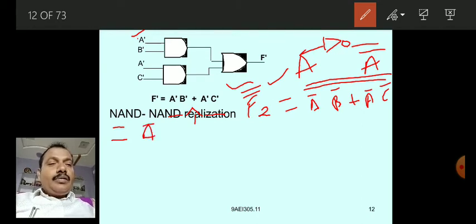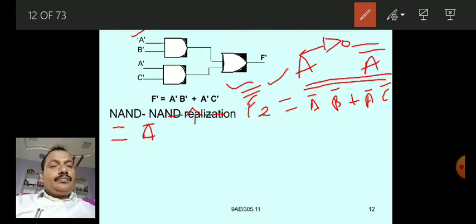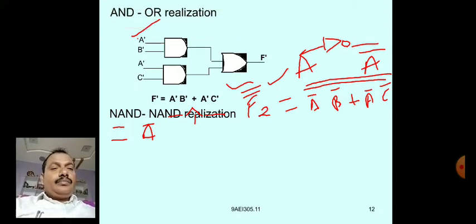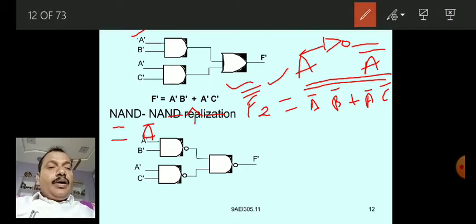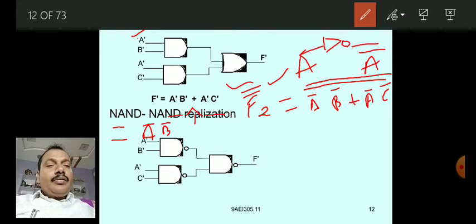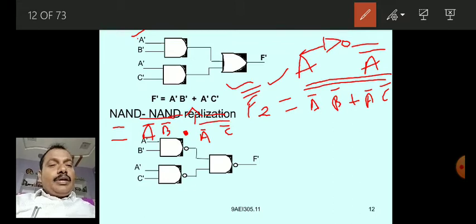Once you made it double bar, the expression becomes like this: (A bar B bar whole bar) dot, the plus operation becomes dot, (A bar C bar whole bar), next total whole bar.